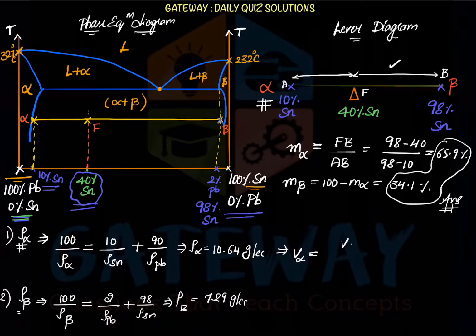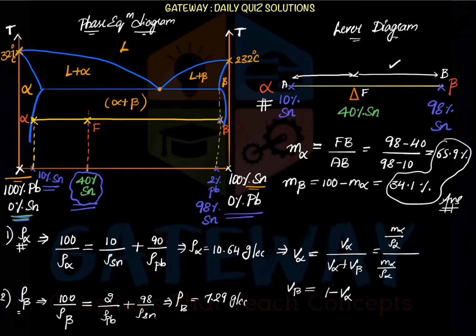For volume fraction, it is volume of alpha upon volume of alpha plus beta. And volume fraction of beta can be calculated as total volume, or we can take it as 1 minus volume of alpha. And generally volume of alpha is mass of alpha upon density of alpha, divided by mass of alpha upon density of alpha plus mass of beta upon density of beta, right?